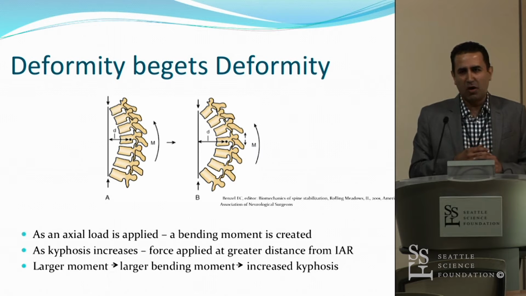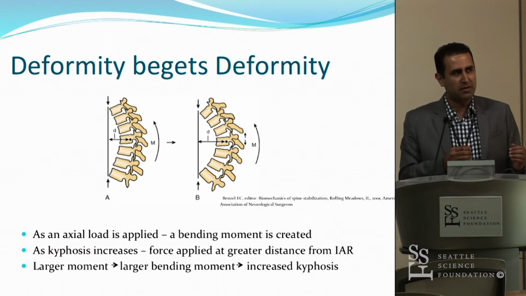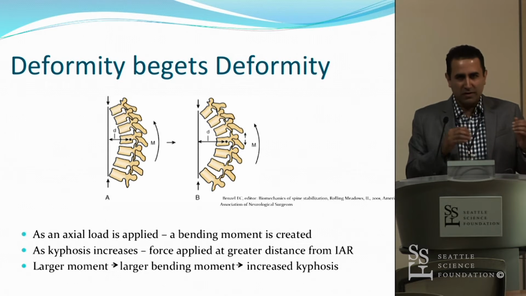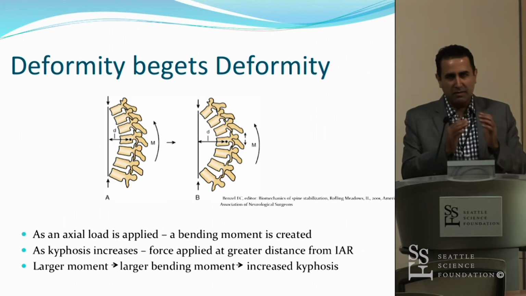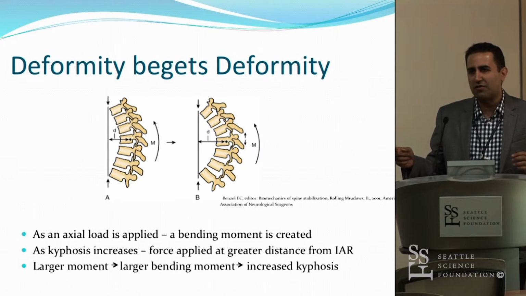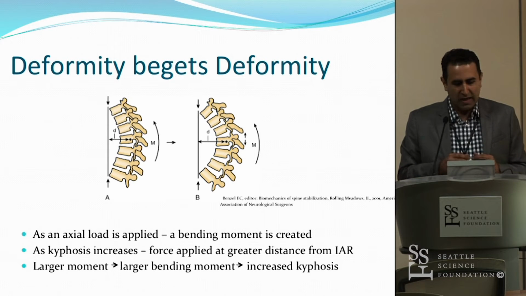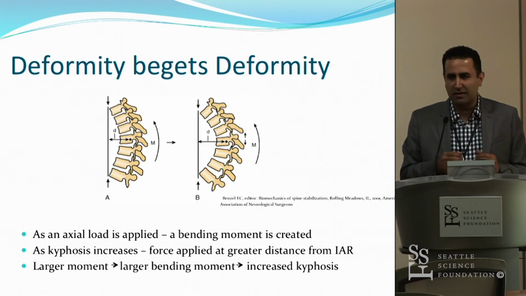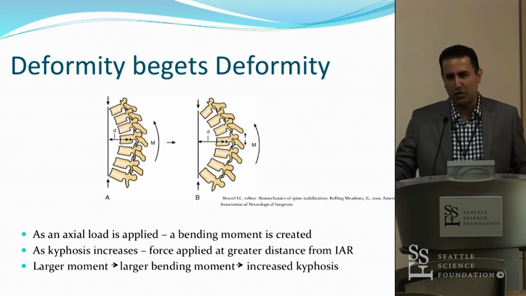The bending moment results in greater distance from the axis of rotation. So a larger applied load leads to an increased bending moment, which then leads to increased kyphosis. So it's like a pattern that begins. For a relative incremental increase in the kyphosis, this leads to a bending moment, which then leads to progressive kyphosis.